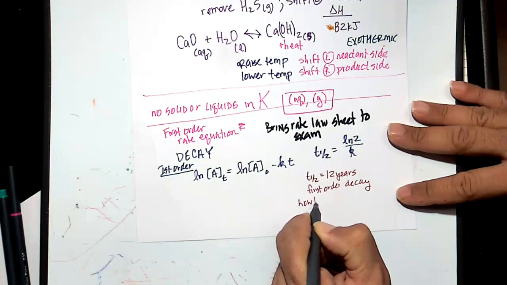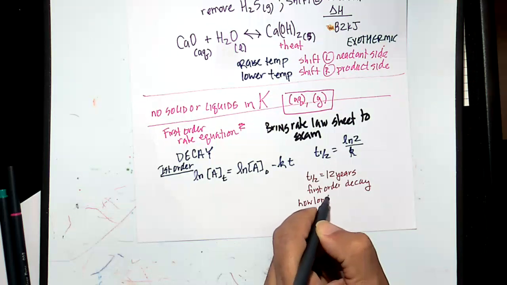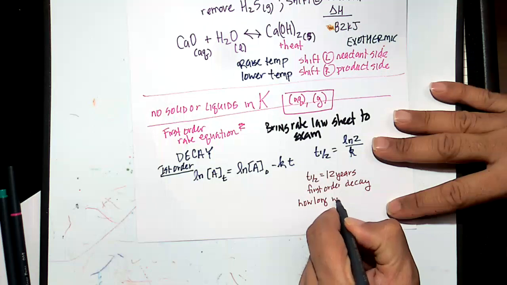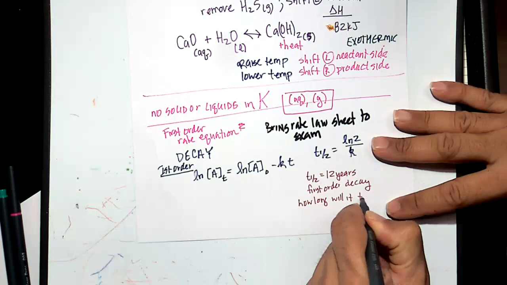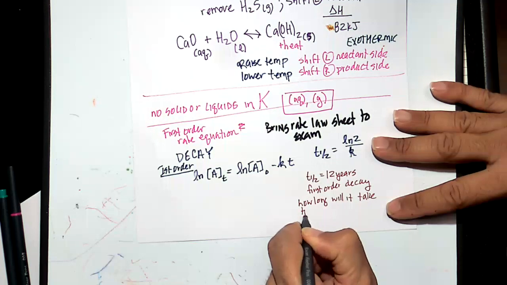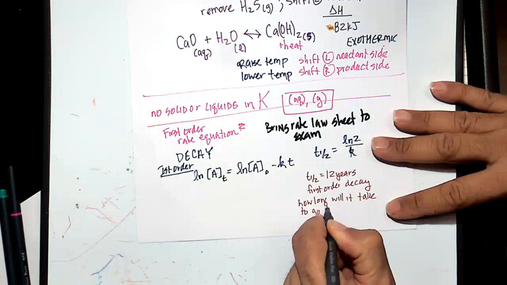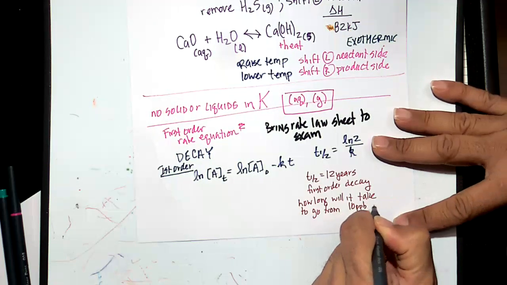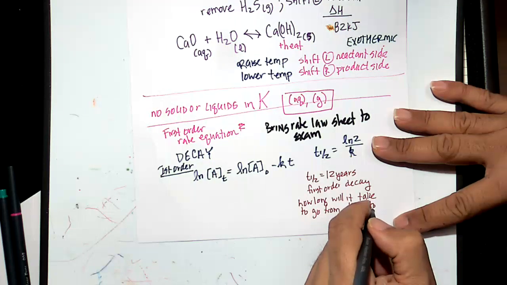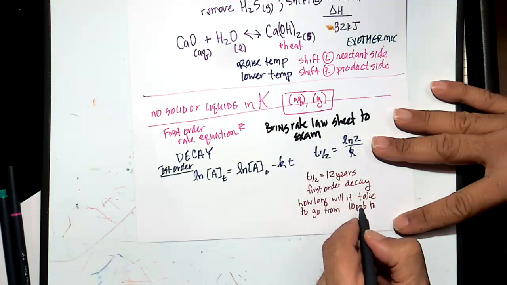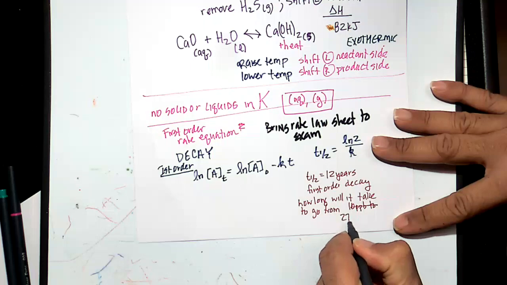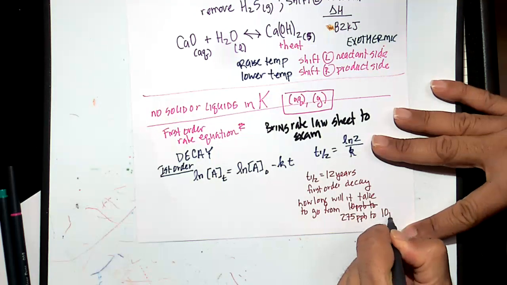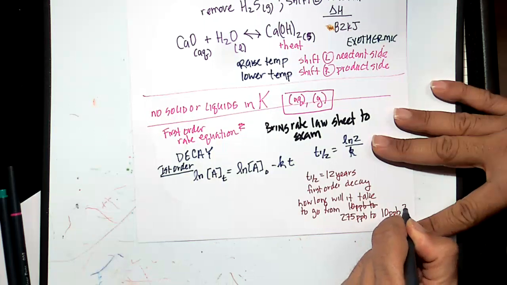So how long will it take to go from 275 parts per billion to 10 parts per billion?